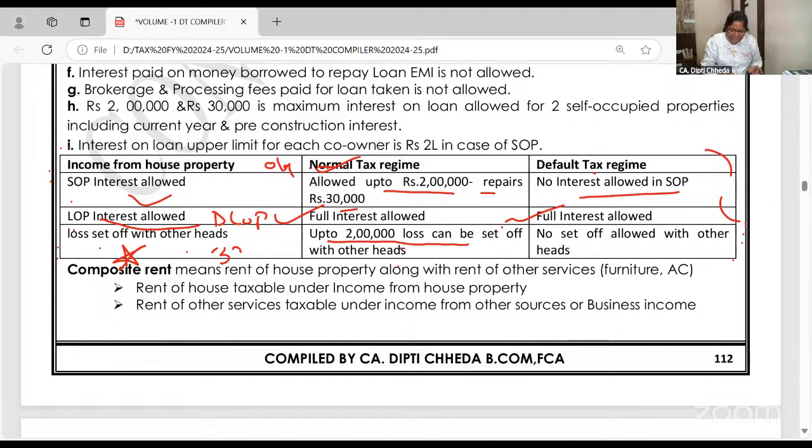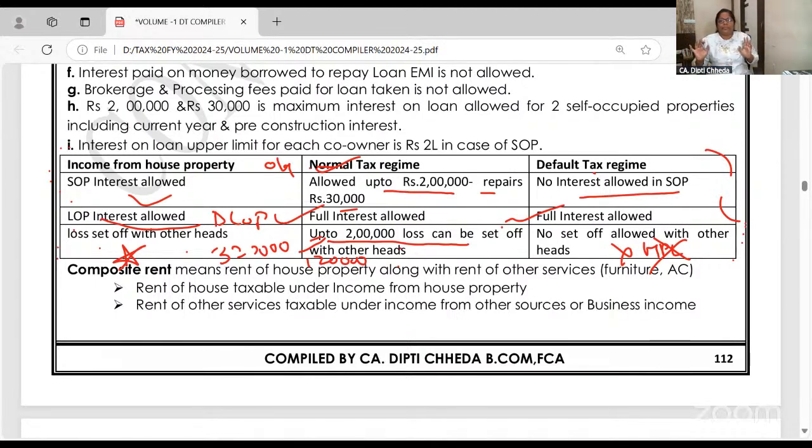If there is a 3,20,000 loss, 2 lakh you set off with salary and business head, and 1,20,000 you carry forward. But if you are filing your return in the default tax regime, you cannot set off house property loss with other heads. Whatever the house property loss is, write it in the inner column and set it off next year also in house property.